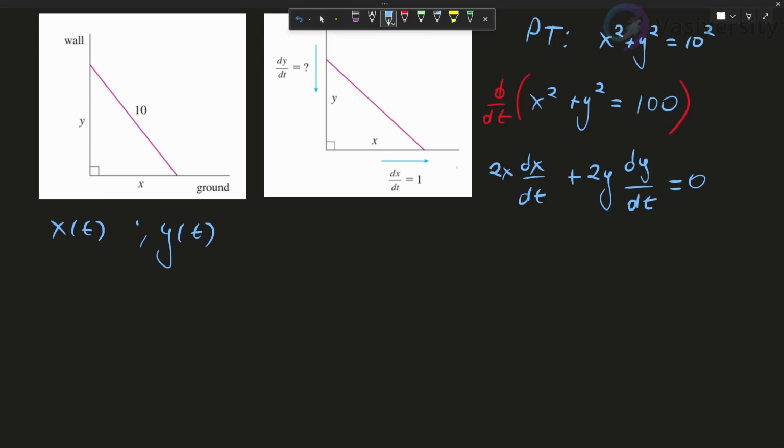We do not know dy/dt, so let's solve for dy/dt. dy over dt will be equal to negative x over y times dx over dt.